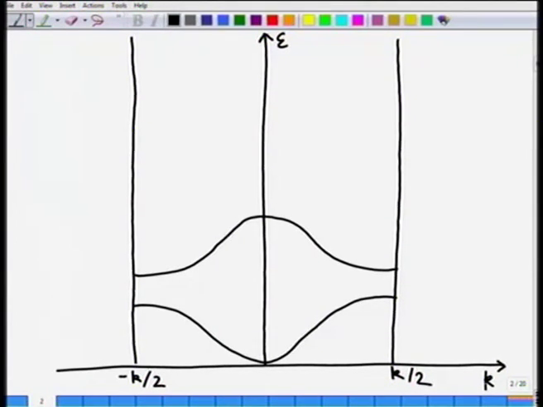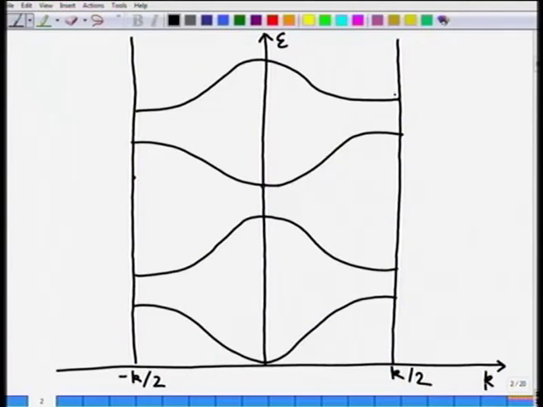Second band like this, and then again somewhere up to here, and then again something like this. These are my 4 bands, let us say.